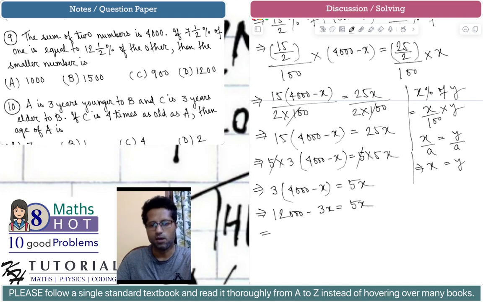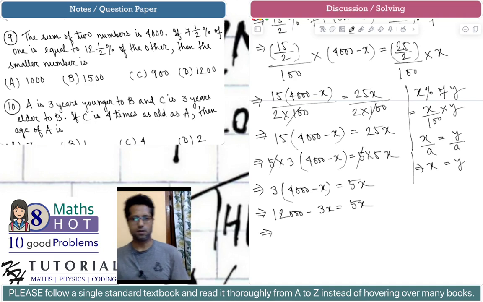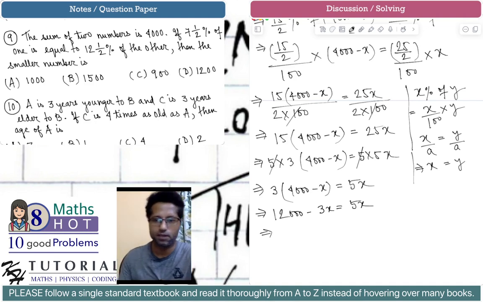Now, usually while solving a linear equation, I bring all the variable terms to the left hand side and all the constant terms to the right hand side. But you can do it the other way around. It does not make any difference. Ultimately, you have to bring all the variable terms on one side and all the constant terms to the other side.